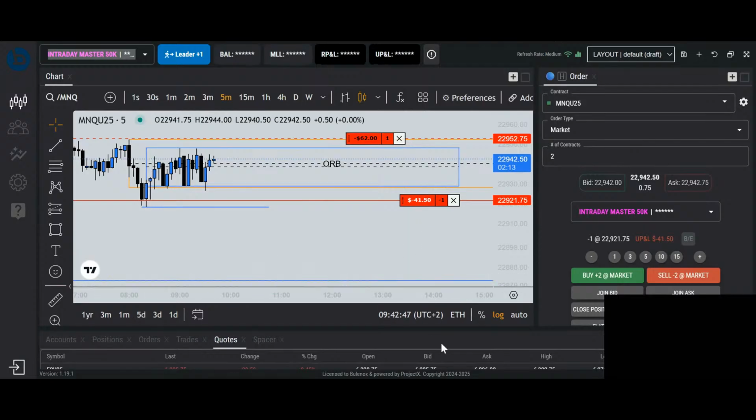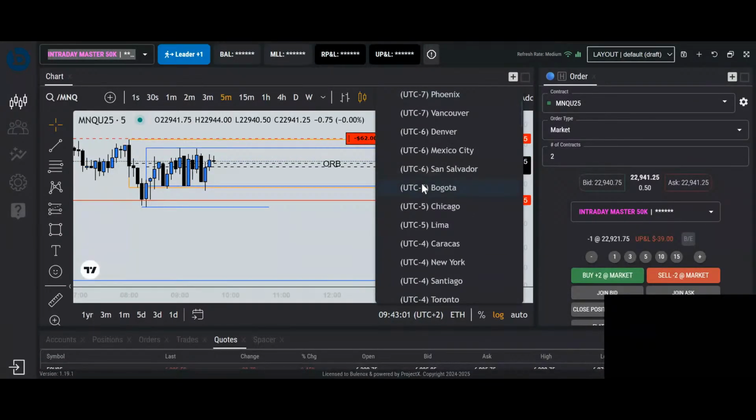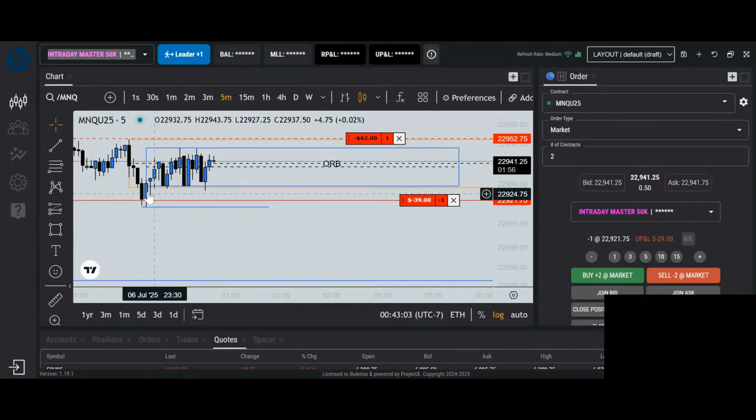If anybody has a question for me, now would be a great time to ask while I'm still having patience to see what the trade will do. I will take my logging at the time in the meantime. So we entered the trade, sorry, at 11 and a quarter.